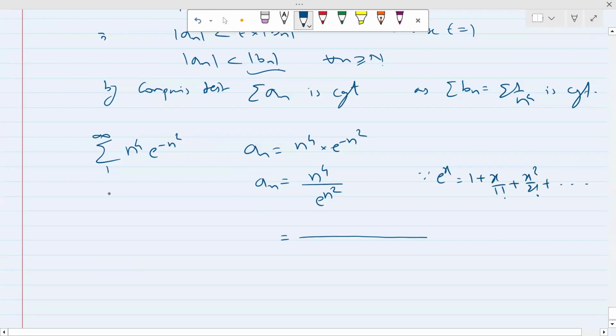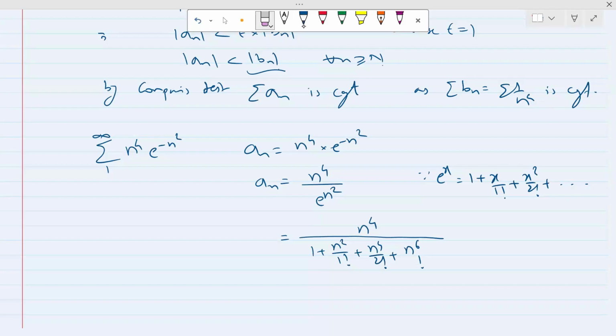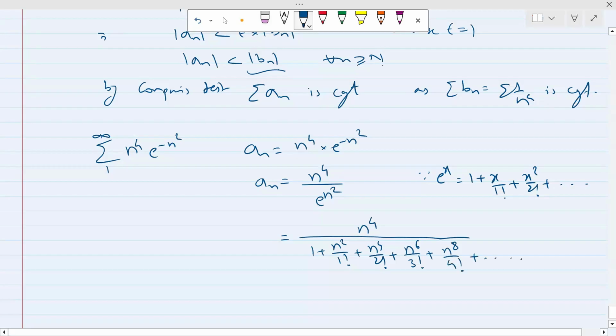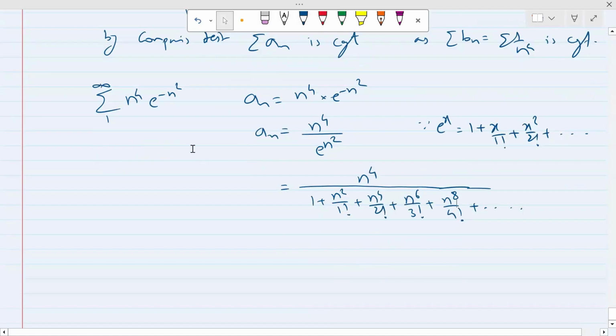What will you get here? n raised to 4, 1 plus n square upon 1 factorial plus n raised to 4 upon 2 factorial plus n raised to 6 upon 3 factorial plus n raised to 8 upon 4 factorial plus, let's continue. Is it okay? Yes, sir.